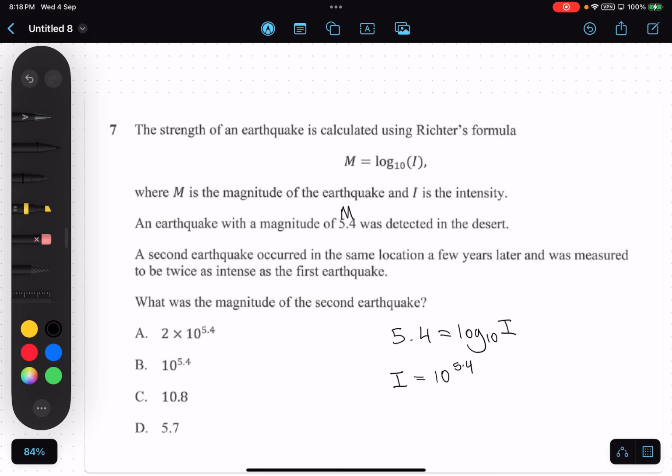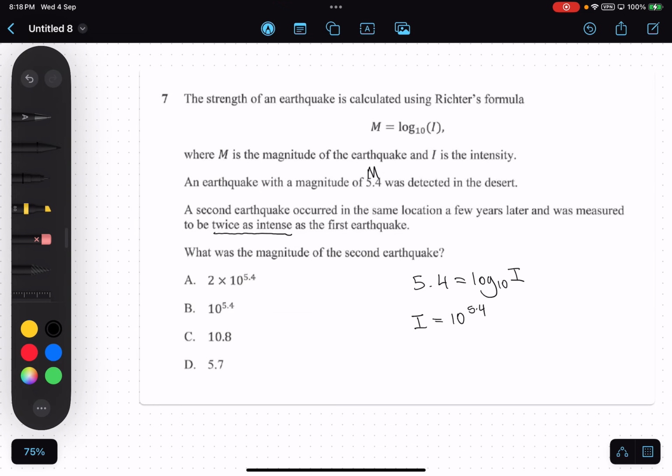The question says that the second earthquake is measured to be twice as intense as the first earthquake. So, the second earthquake can be modeled like this. This is the expression for the second earthquake. It's log 10 2I.